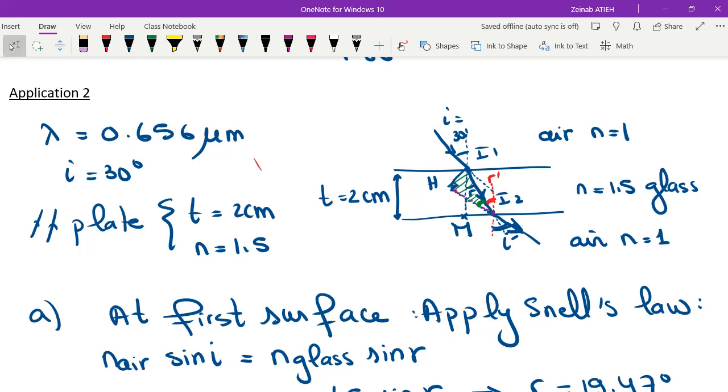The angle in red is R prime. The angle in green and the angle in red together are vertically opposite to I prime, so I prime equals R prime plus the angle in green. So the angle in green, which is H I2 I1, is equal to I prime minus R prime. I hope it's clear.